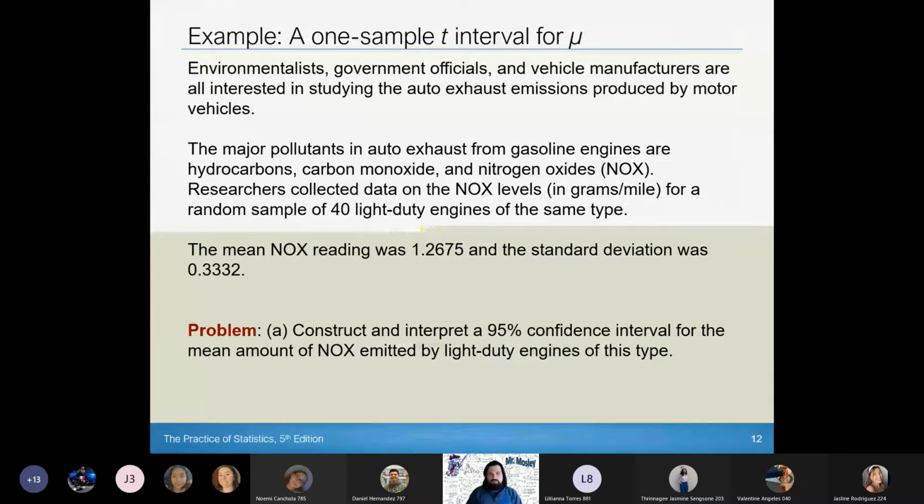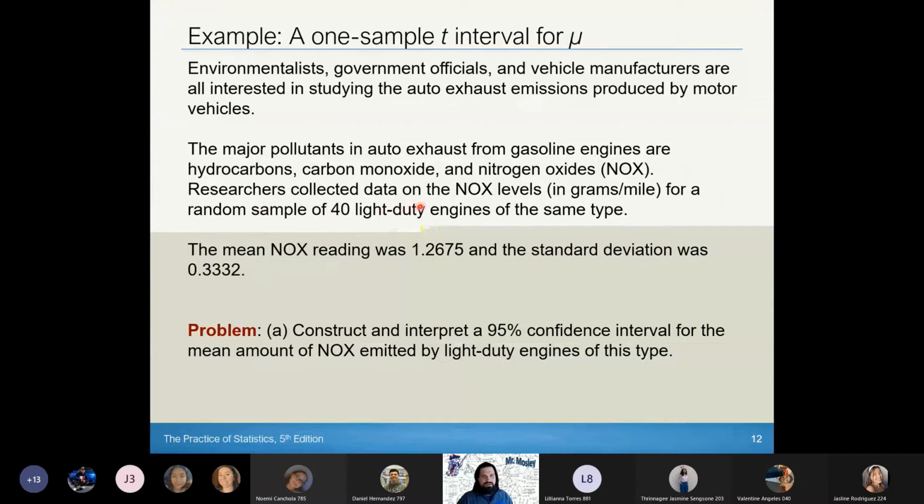So we're going to do an example using this new one sample t interval for mu. Environmentalists, government officials, and vehicle manufacturers are all interested in studying the auto exhaust emissions produced by motor vehicles. The major pollutants in auto exhaust from gasoline engines are hydrocarbons, carbon monoxide, and nitrogen oxides, or NOx.